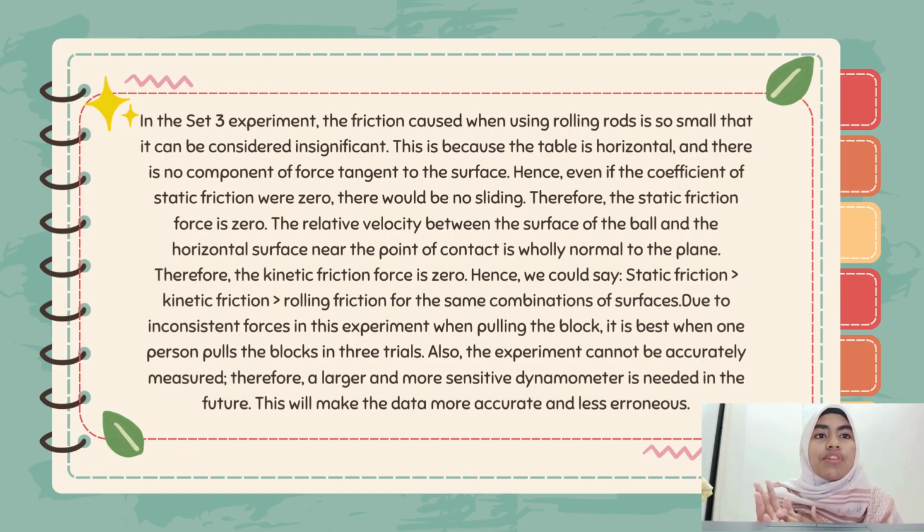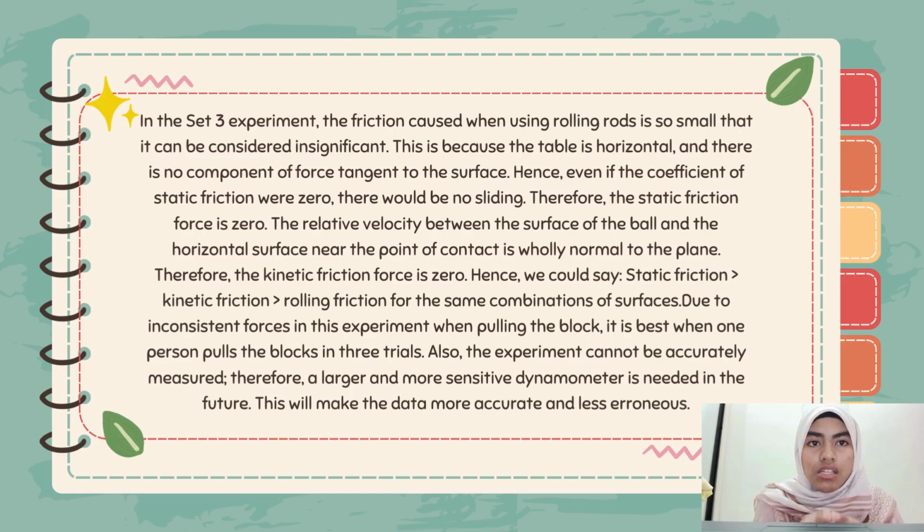Therefore, the static friction force is 0. The relative velocity between the surface of the ball and the horizontal surface near the point of contact is wholly normal to the plane. Therefore, the kinetic friction force is 0. Hence, we could say static friction is greater than kinetic friction, which is greater than rolling friction, for the same combination of surfaces.